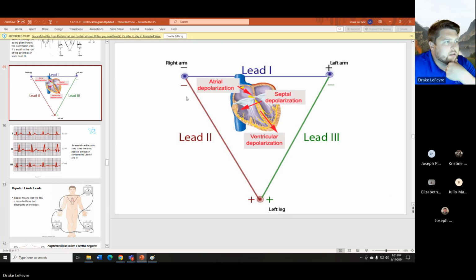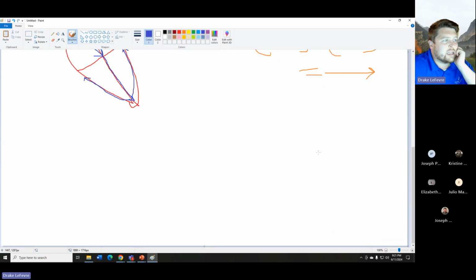So here's the representation of our leads. It's from the right arm to the left leg, right arm to left arm to left leg. And there's a negative direction and a positive direction. So what we're going to do is take all this information, the positives, the negatives, and try to simplify it into a neater circle.